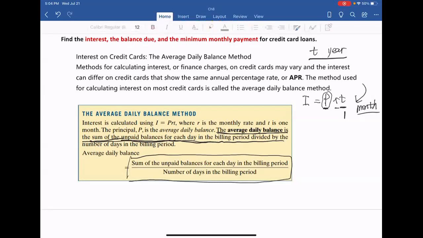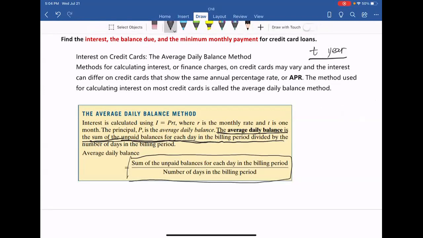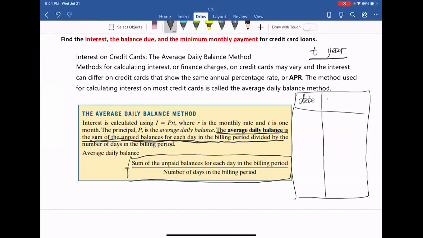Okay, let me show you an example. I need more space here. I have a table that shows the date and unpaid balance for each day.